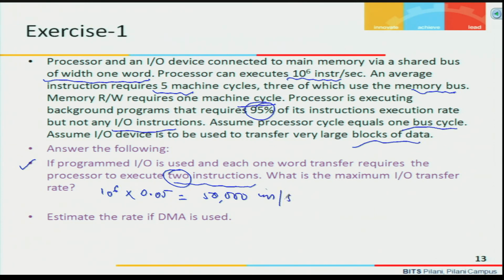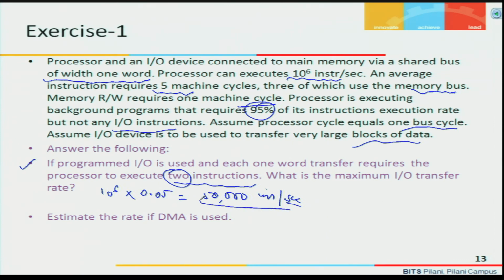IO instructions can be executed because 95% of the time the processor is doing the background program, and for 5% of the time the processor can execute the IO instructions. So at the rate of 10⁶ instructions per second, how many instructions can it execute in the remaining 5% time? That is 50,000 instructions per second.